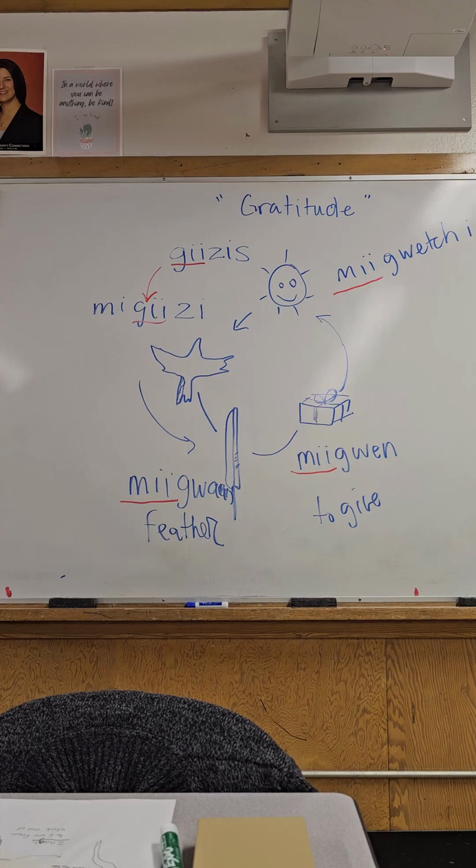There's a couple of other key words that I left out, but we'll go back and visit those later. So you might express to someone the short form, just miigwech, thank you. Or you could also say the long form, like when someone gives you a gift, miigwech wendam.